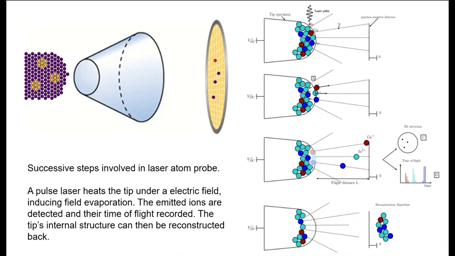Isotopes of different mass will arrive with different speed, so they'll have a different time of flight. They will arrive on the position-sensitive detector at different points in time.